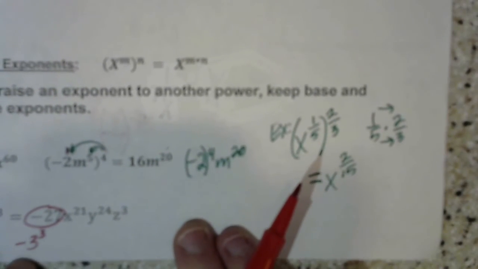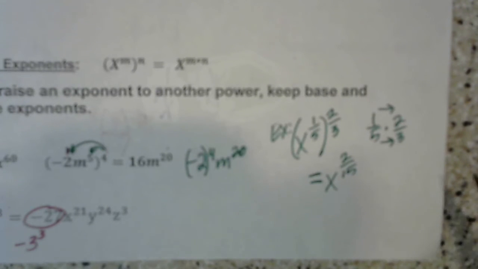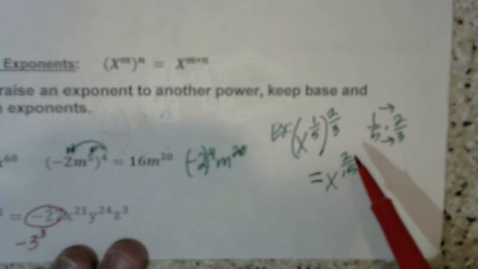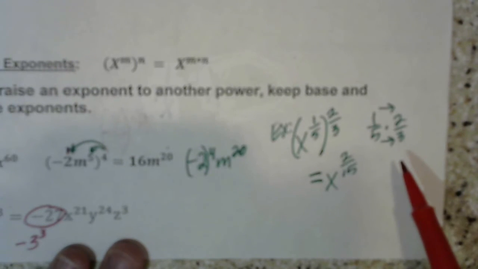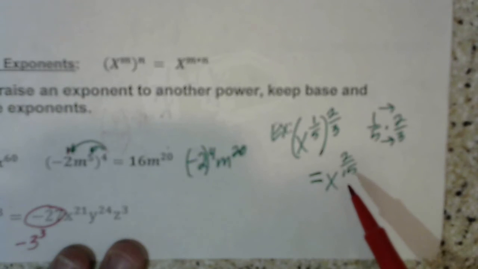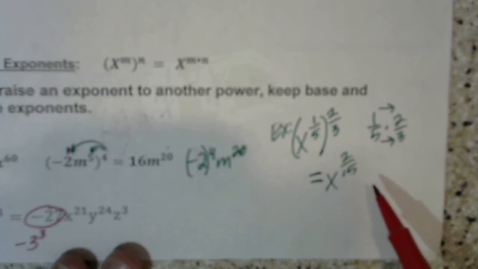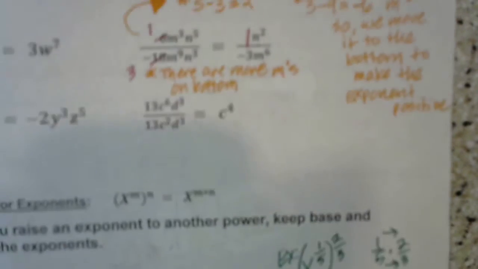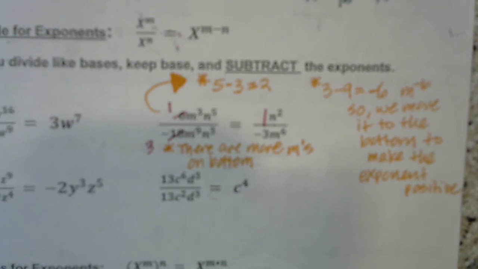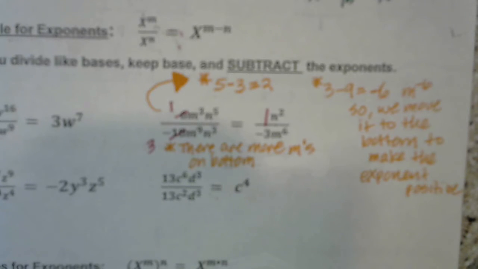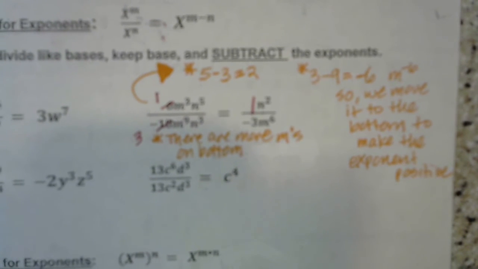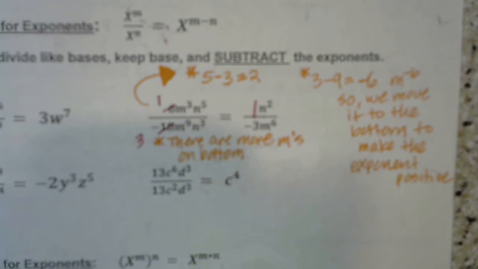But you will also be dealing with fraction exponents in this way in Chapter 10. If I am multiplying fractions, I do not need a common denominator. I multiply straight across. Make sure you remember that. Okay? I did not show a fraction example with your quotient property because you're not going to have to subtract fractions as much in Chapter 10.